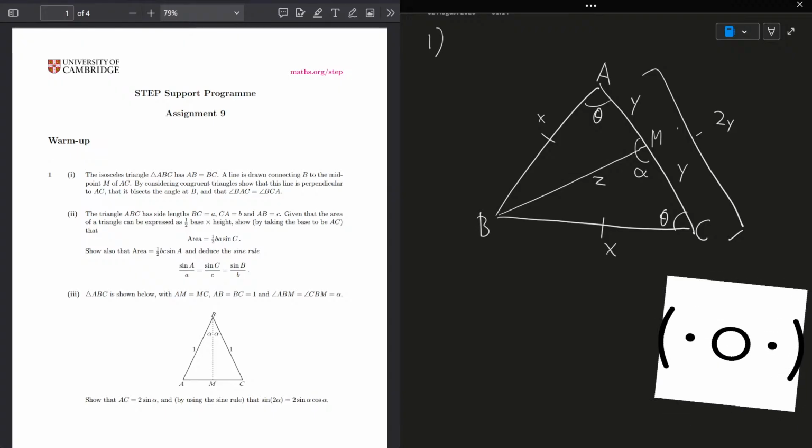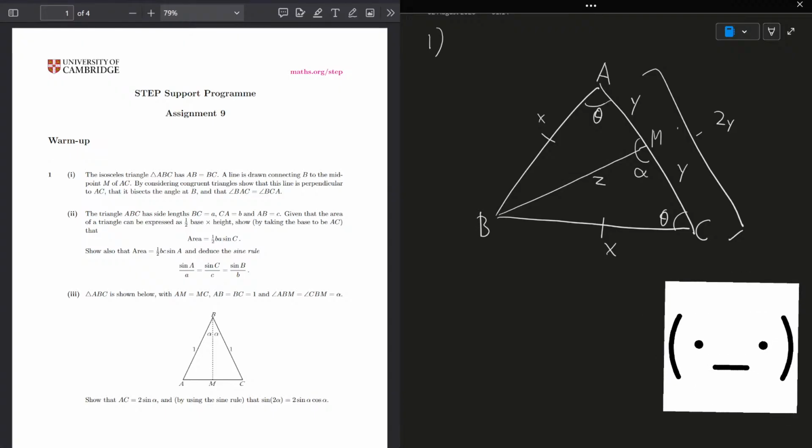Not really, no, because that follows directly from the fact that it's perpendicular, isn't it?